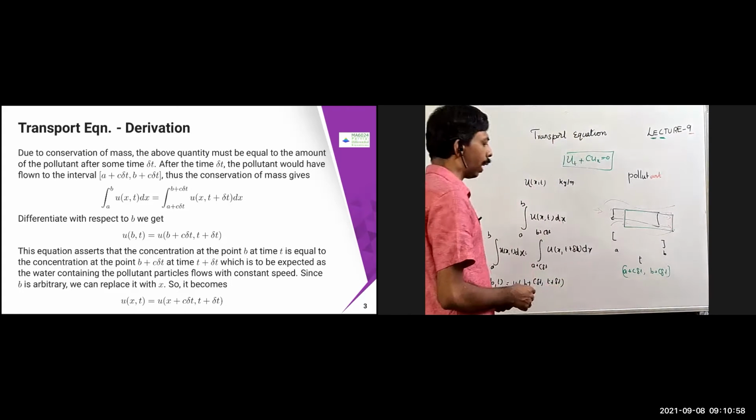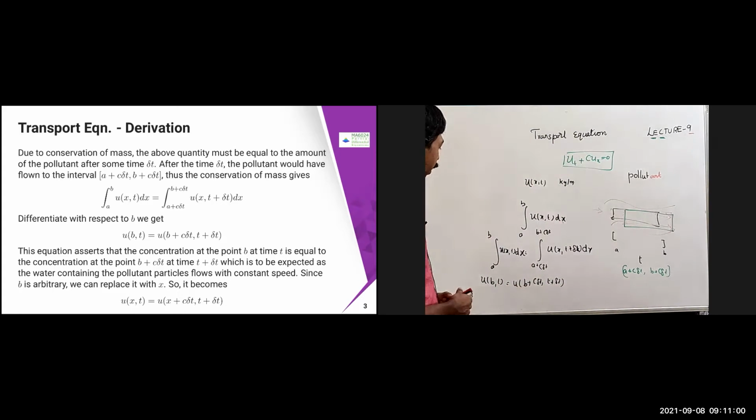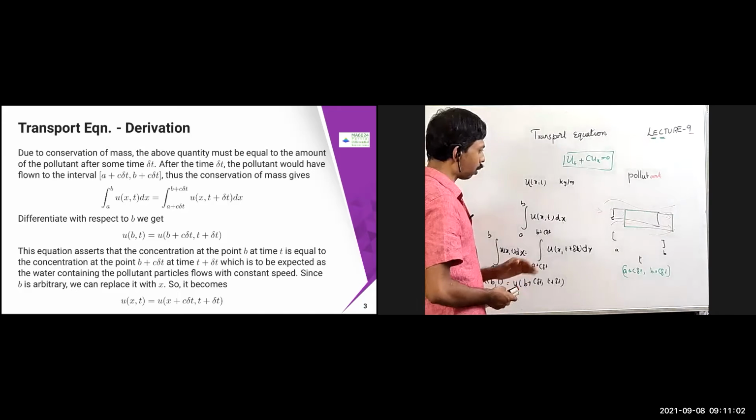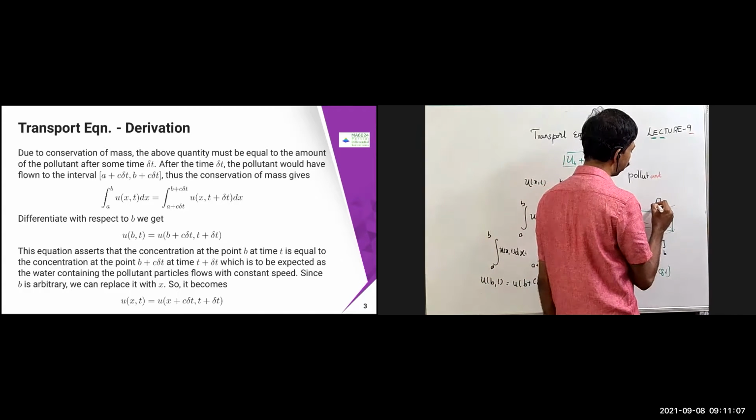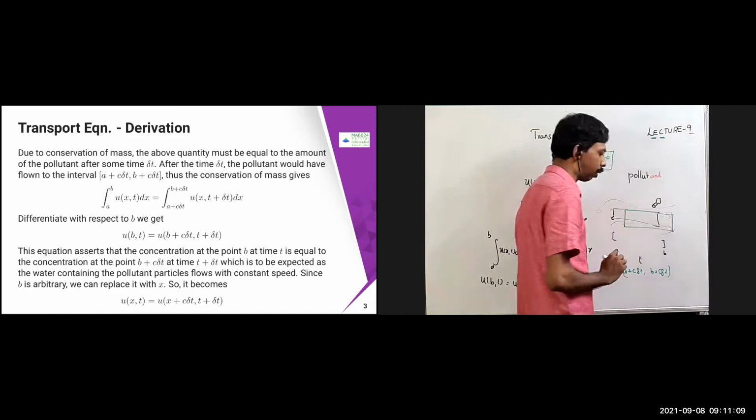So what this equation is saying is, suppose I'm keeping a camera here, watching it. What is going to happen?